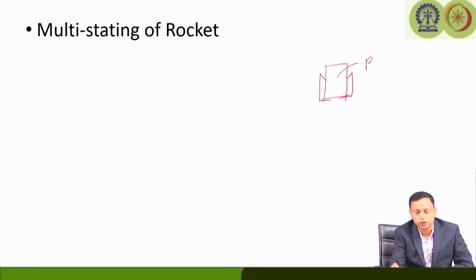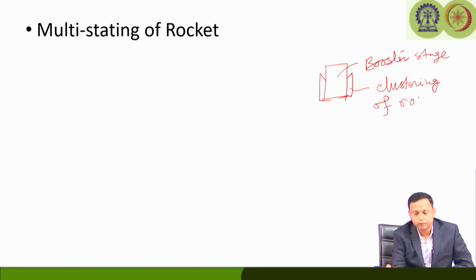So, if this is the booster stage, there are some rockets which are tied up with this booster stage. These are called clustering of rockets. So, we can call this parallel staging.